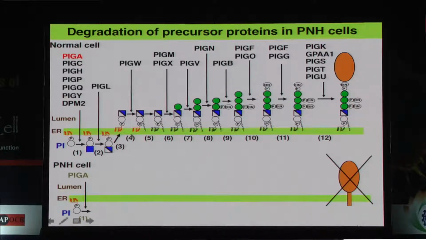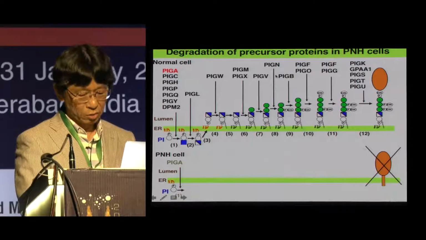For this pathway, more than 20 PIG genes are required. But PIGA mutation accounts for most of the patients with GPI deficiency. That's because all other PIG genes in this pathway are autosomal genes.